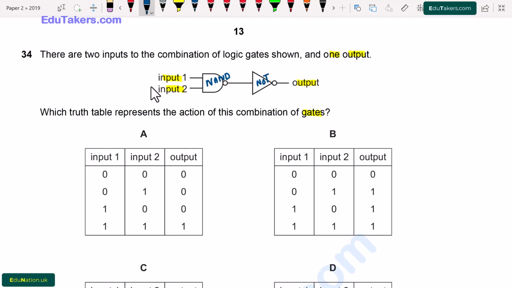Here I consider the different combinations of the input and find out the value of output. So first of all, I suppose the inputs are 0, 0. When I apply the NAND gate, the output will be 1. And when I apply the NOT gate over 1, the output should be 0. It means that the 0, 0 combination gives output 0.